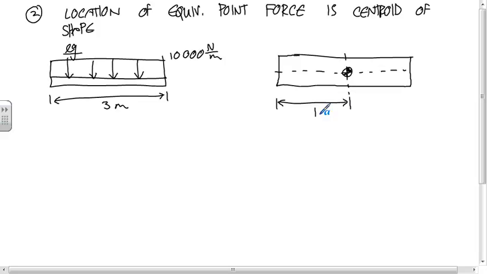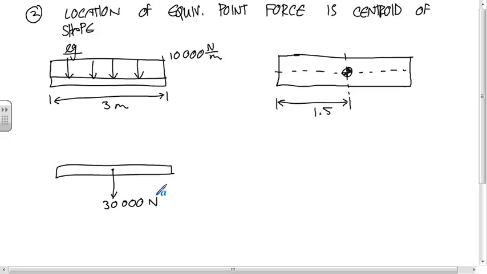So this is 1.5. We don't know the height here. In this case, it won't matter because, so if I draw this, we end up with a force of 30,000 newtons.